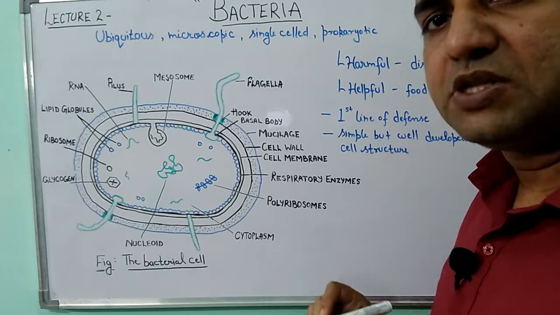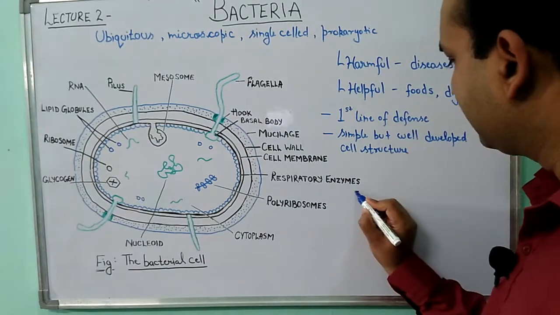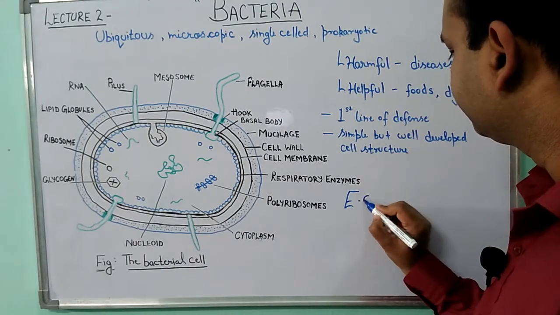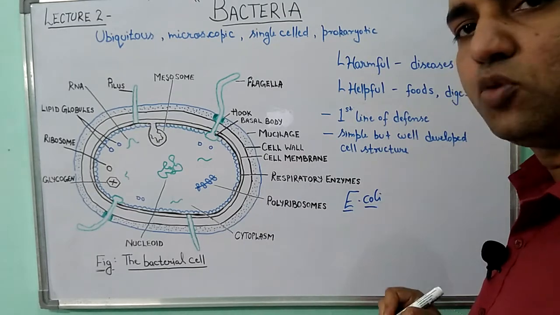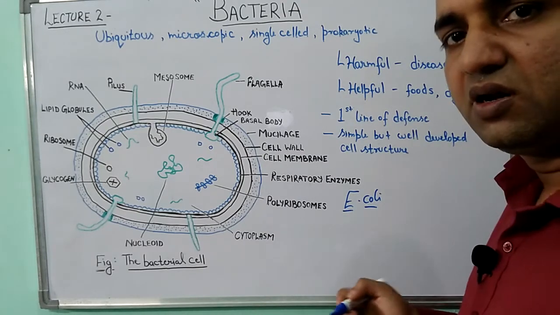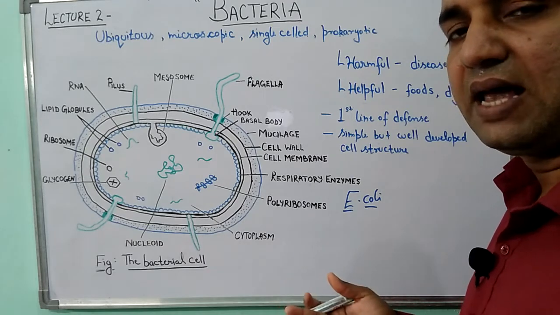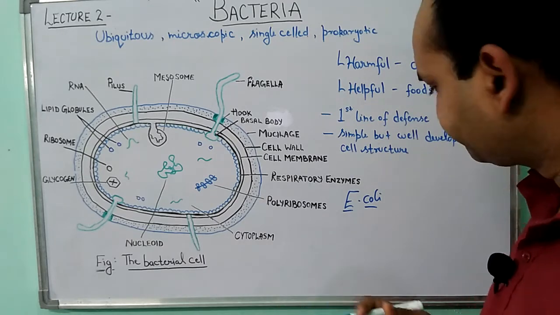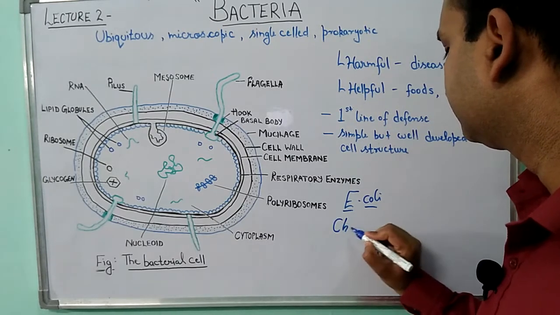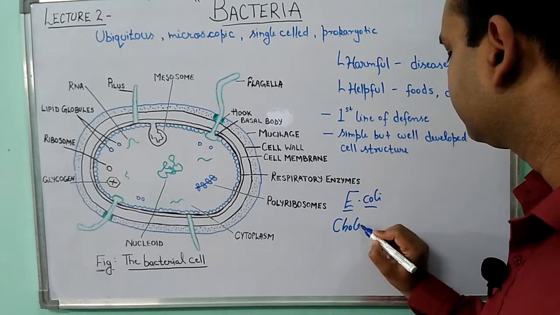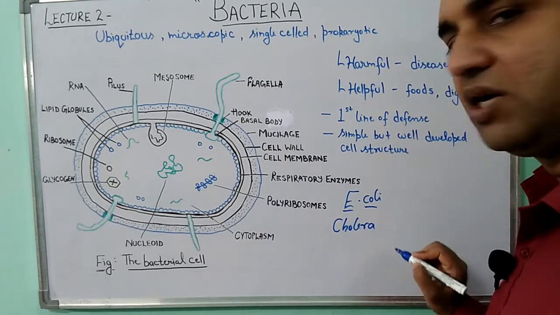Now the common examples of bacteria are E. coli, which is most commonly found in the water that we drink or any other aquatic deposit. We know the disease cholera.